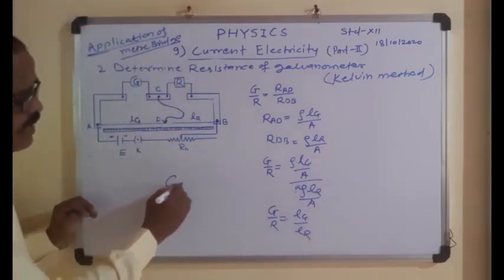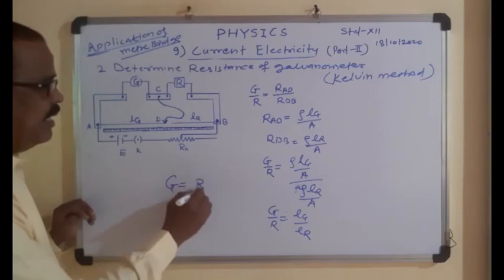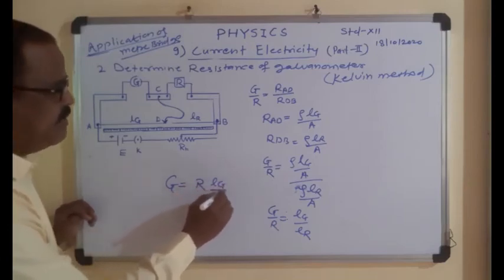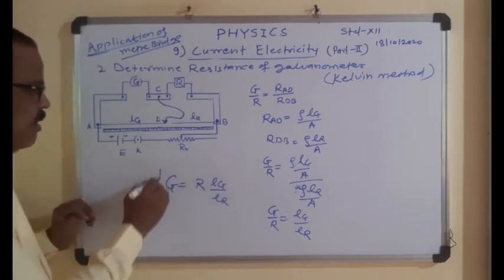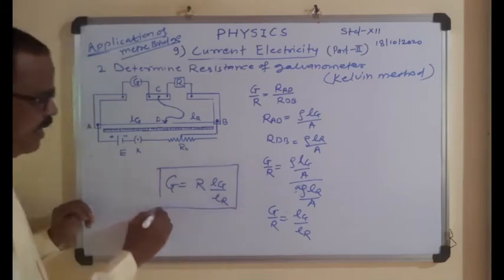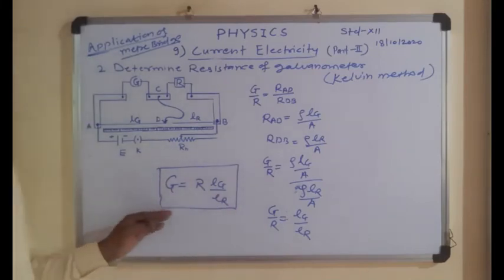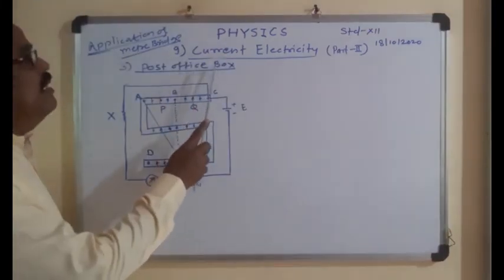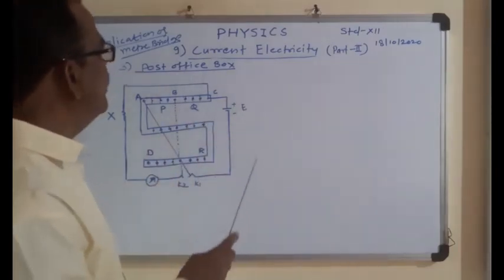Therefore G is equal to R into LG divided by LR. With the help of this formula we can determine the unknown resistance. This is the third application of meter bridge.